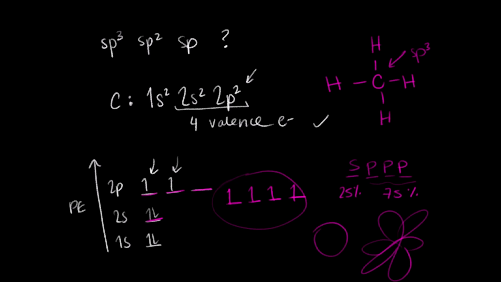When we hybridize these 2 orbitals together, what we're going to get as a result is a dumbbell shape that's a little bit rounder. I didn't draw that very well, but basically you're going to get that p orbital shape, but a little bit rounder because it's going to have that 25% s character in it. So that's what it's going to look like. But it's still going to be pretty similar to the p.